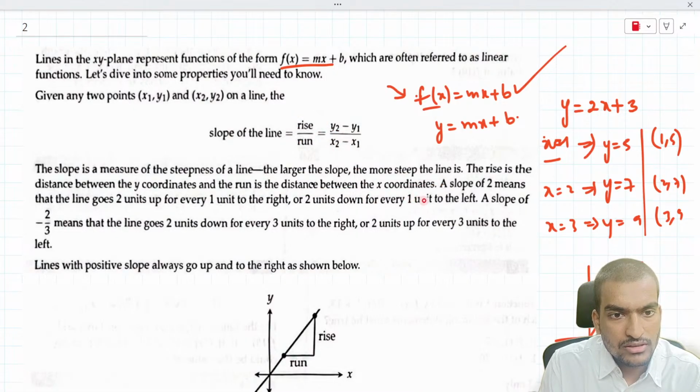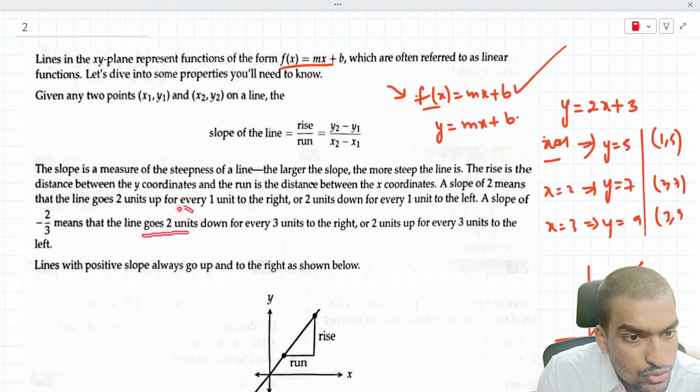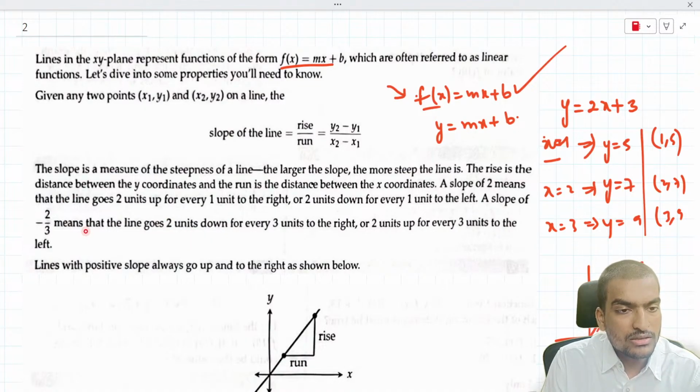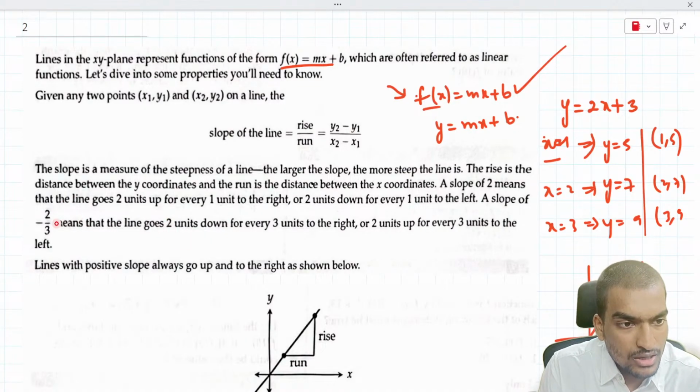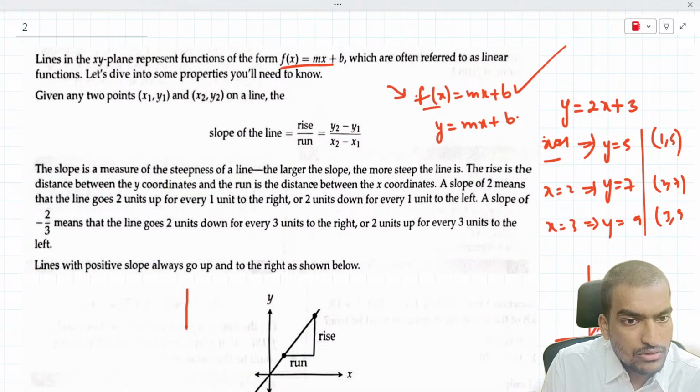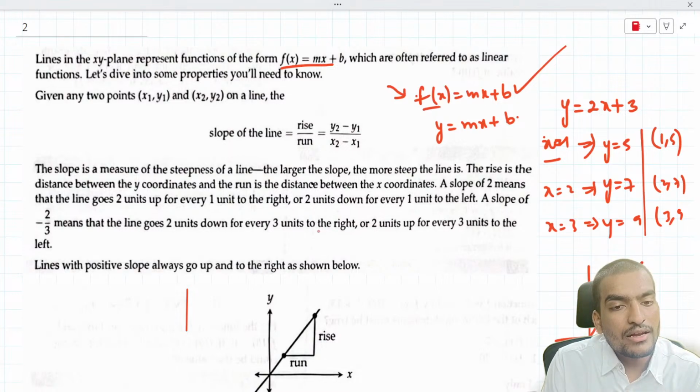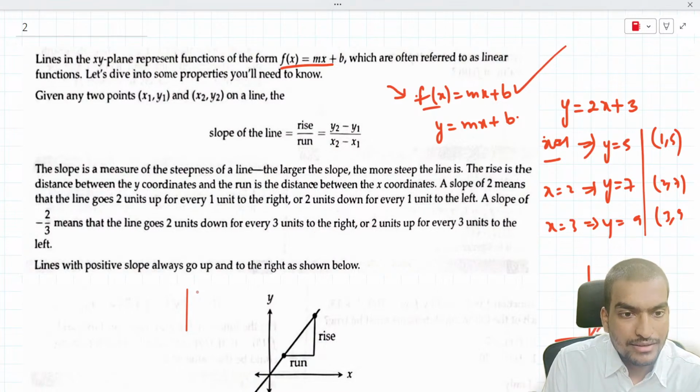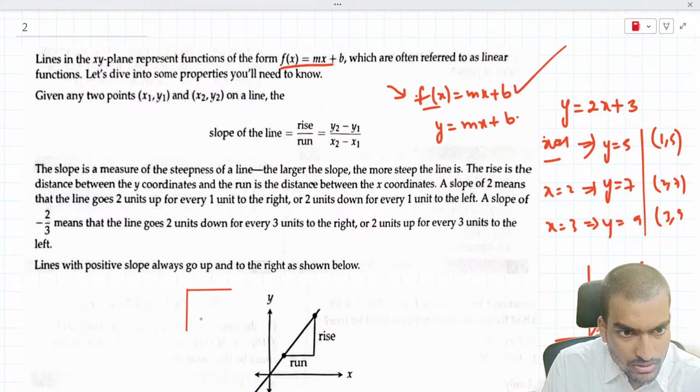And you can see it, this is already discussed. Let's say here, negative 2 by 3 means that the line goes 2 units down. This is about up and down, the numerator. It is dealing with y, the change in y. Negative 2 represents 2 units down for every 3 units of x to the right. So 1 unit, 2 units, 3 units.